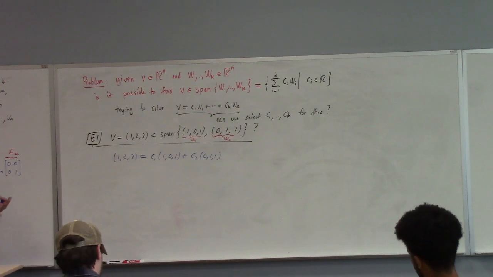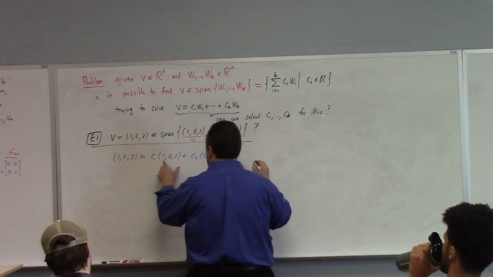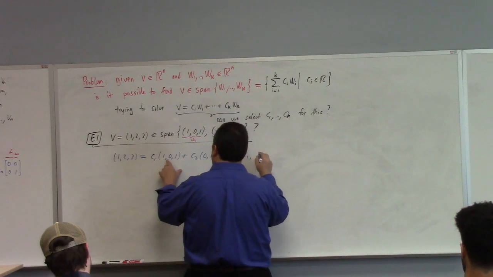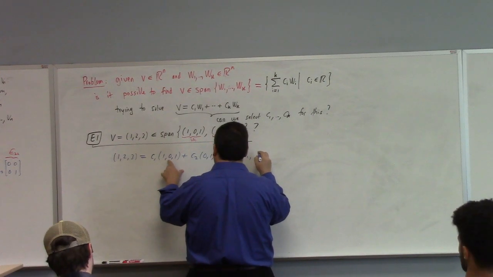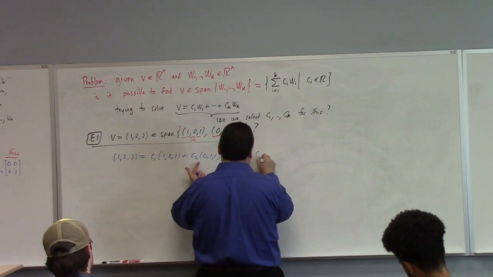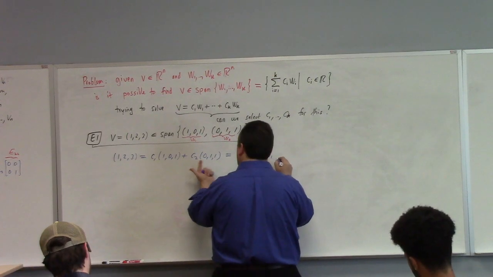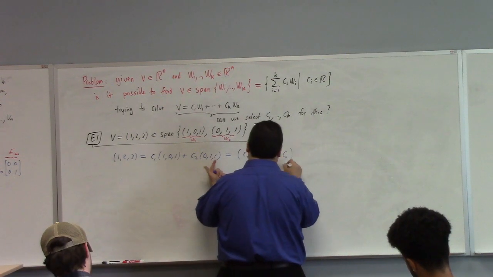So what is that? We've got C1 as the first component, C2 as the second component, and the third component is C1 plus C2, if I just add these vectors.